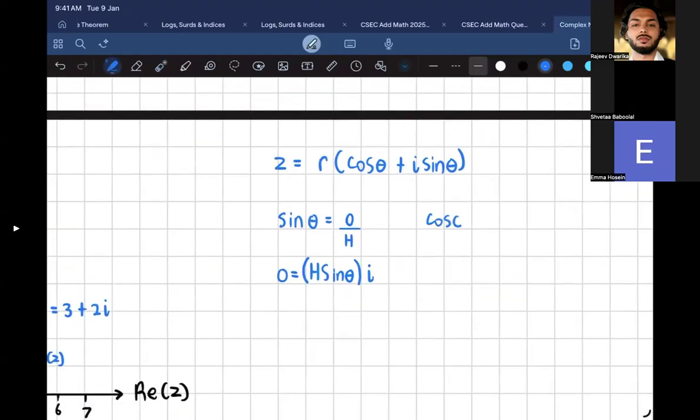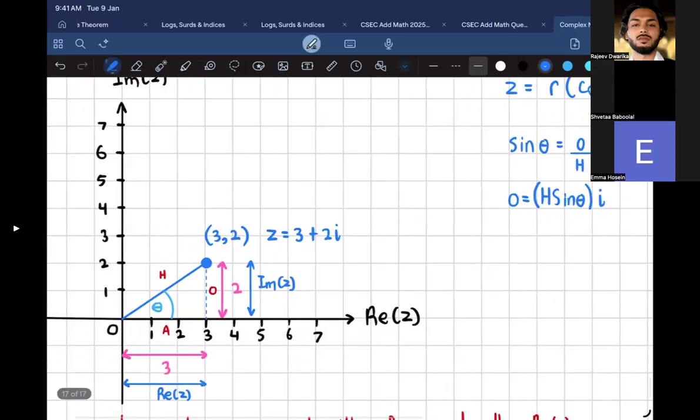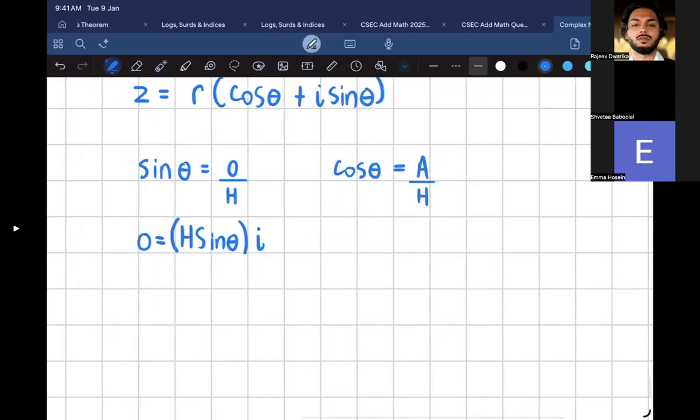So cos theta is equal to A over H. I want to find the real part, which is given by A, so I cross multiply, and A is equal to H cos theta.